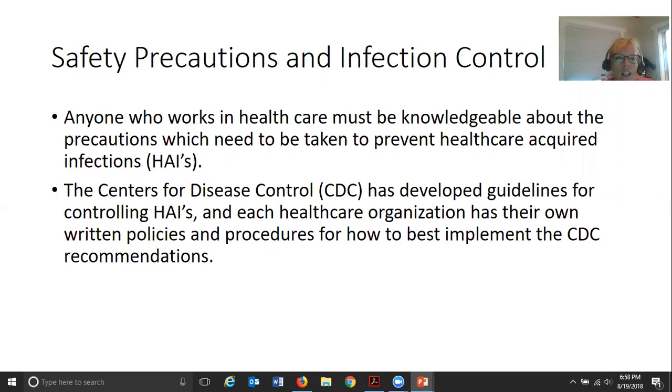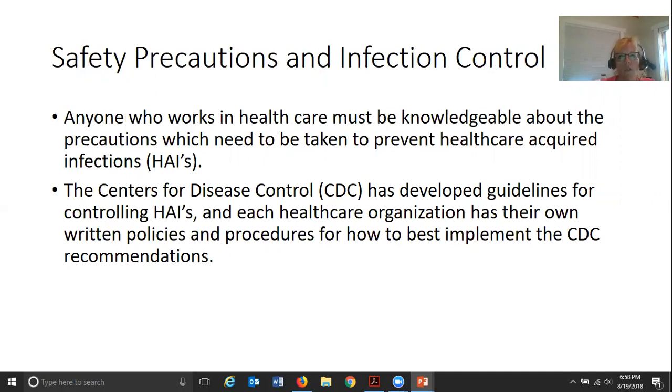Every facility has workplace protections in place that let you know what you need to do if you have open sores, other wounds, cold sores, respiratory infections, a fever, or diarrhea. So we want to keep our patients safe as well as keep us safe from our patients.